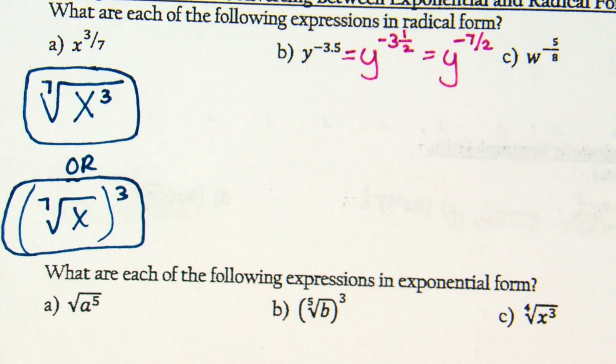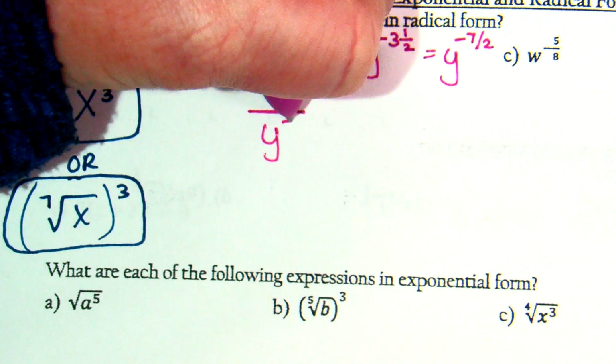Once you get rid of that negative exponent, we can use our rules of how to change exponents to radicals. So 1 over y to the 7/2 is going to be 1 over some type of radical. What radical goes there?